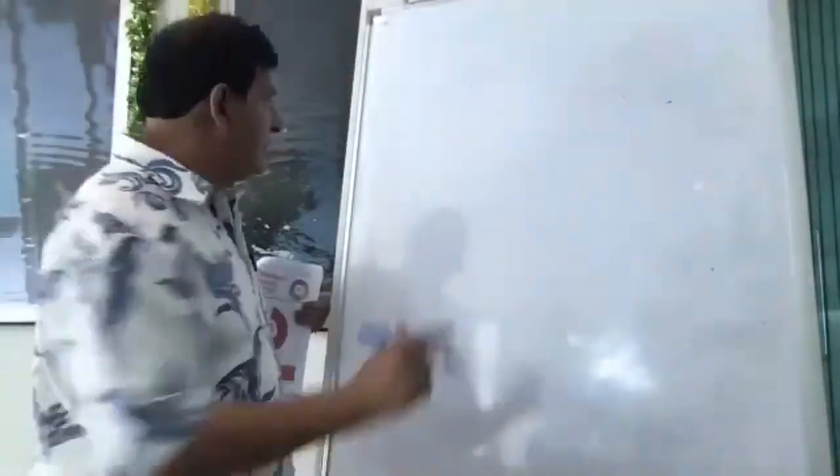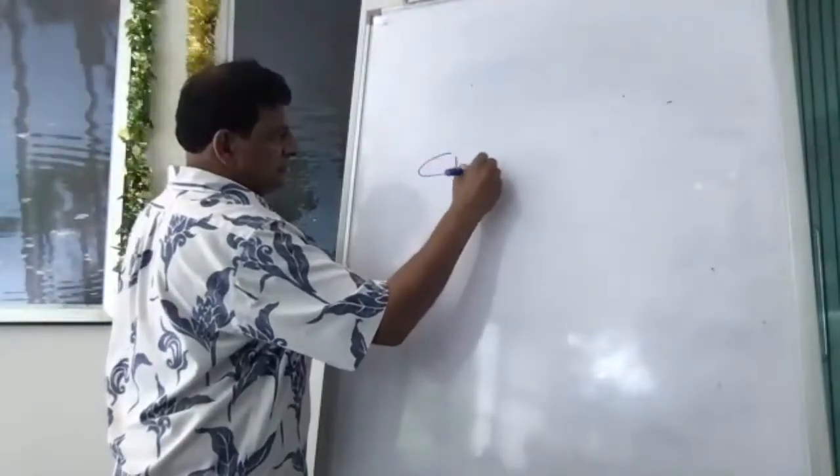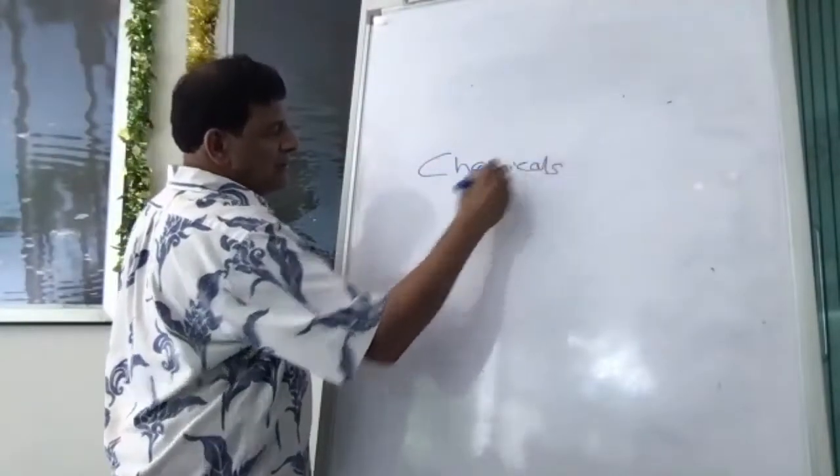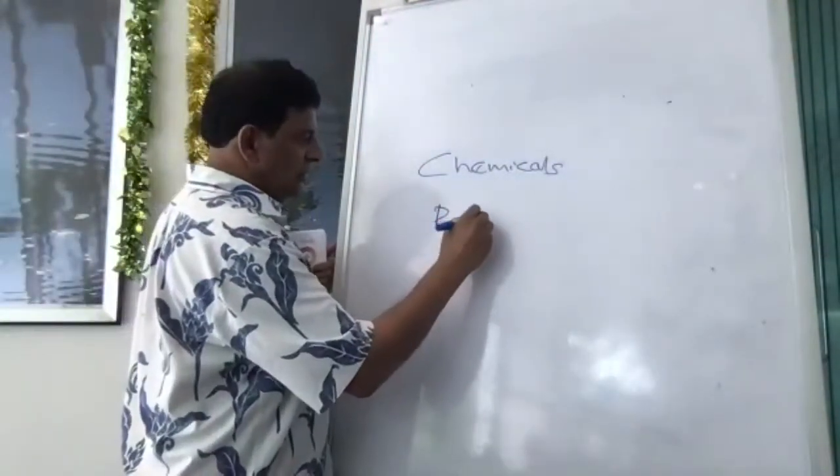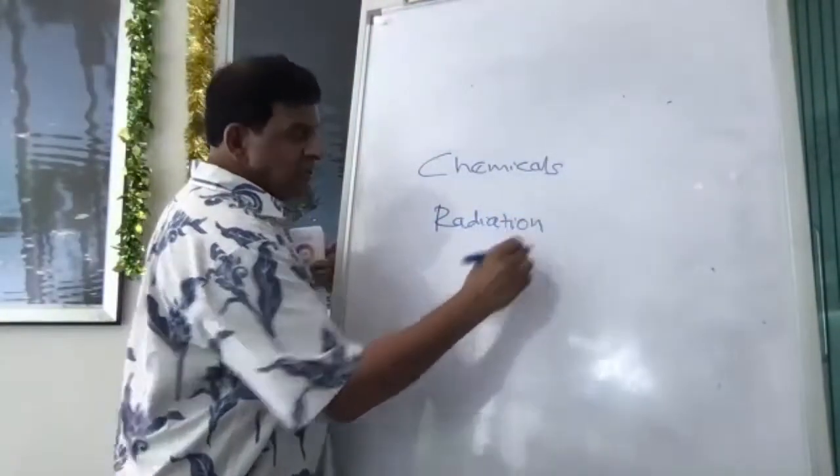Then comes the next part that affects the gut, which is chemicals. All kinds of chemicals are affecting the gut. The other one is radiation. Radiation has two components.